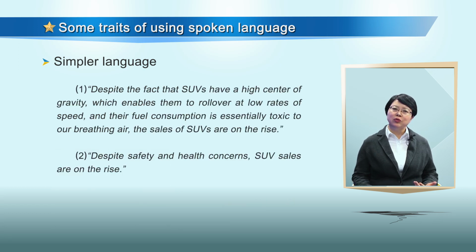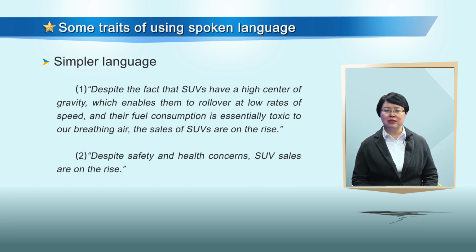Here, I would like to draw your attention to 2 sentences describing SUV sales. Look at it. Which one is simpler and more suitable for public speaking? The first sentence, despite the fact that SUVs have a high center of gravity, which enables them to roll over at low rates of speed, and their fuel consumption is essentially toxic to our breathing air, the sales of SUVs are on the rise.